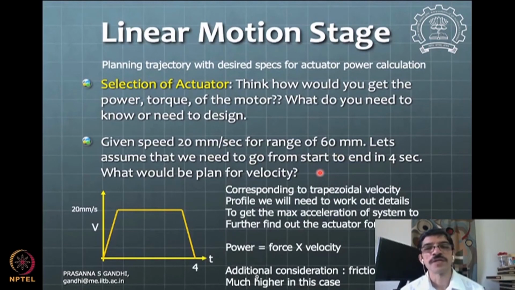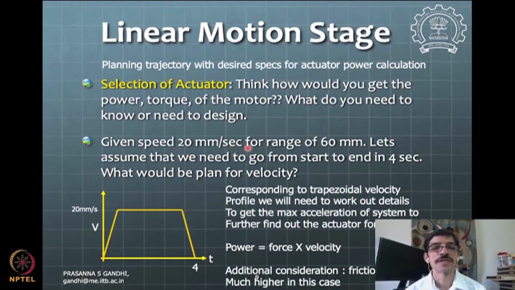We say we need to go from start to end in, say, 4 seconds, or we can ask the application user roughly the duration in which they would like to go from one place to another. This is somewhat important.